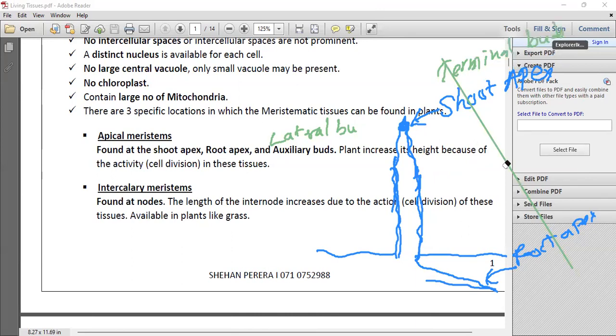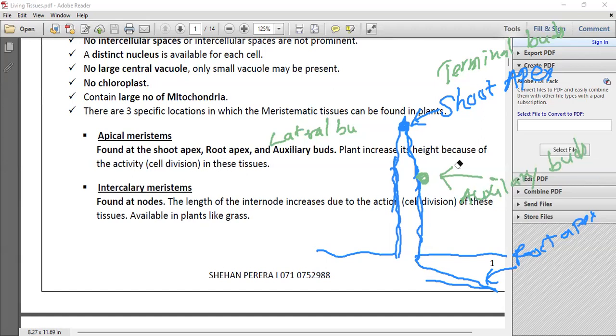Yes, called terminal buds. And then these are auxiliary buds, places where you have tiny little things which come out of this plant and can eventually become a leaf or a branch. We call them auxiliary buds or lateral buds. Now, all these three places contain meristematic tissues.